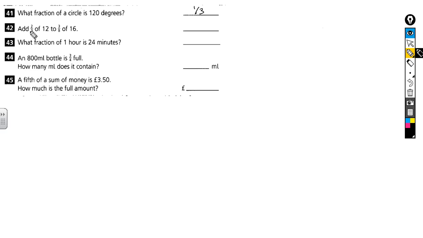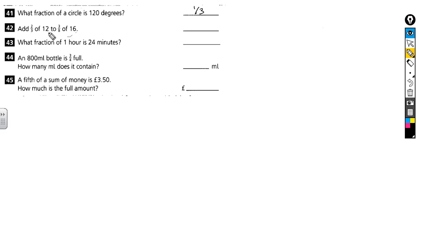You can choose to do a multiplication of fractions, because we know that 2/3 of 12 is the same as 2/3 times 12. So that would be 2 over 3 times 12 over 1, because 12 is the same as 12 over 1. And then add that to 3/8 of 16.